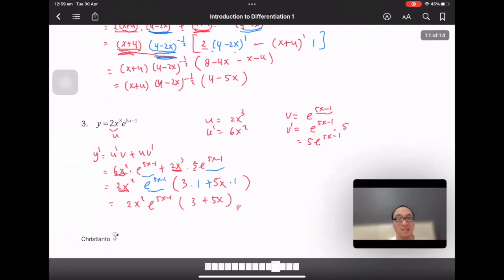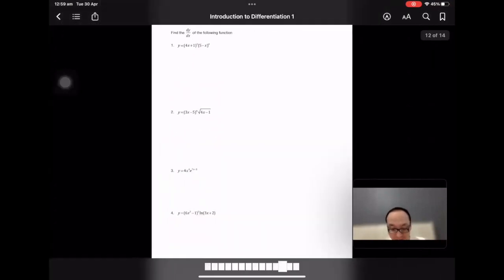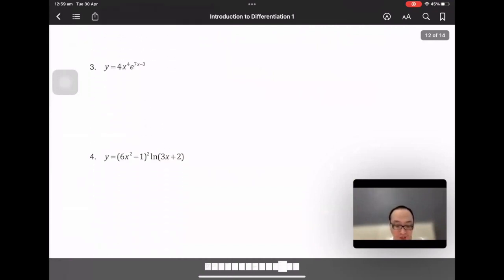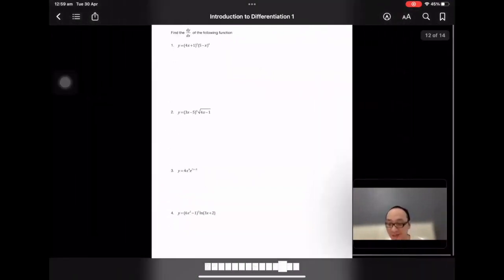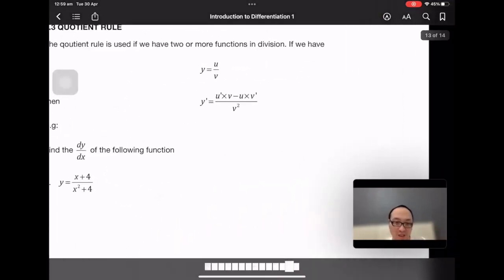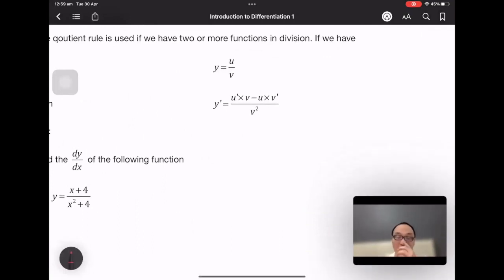This is the simplest one. Okay, this is the exercise you can do by yourself for your own practice. The key in here is you have to master the chain rule first, because we need the chain rule to help us in differentiating the product rule.